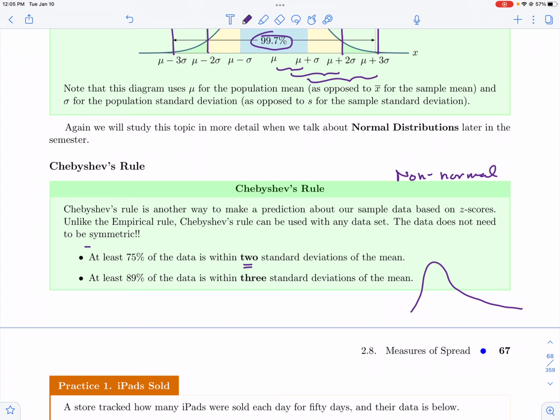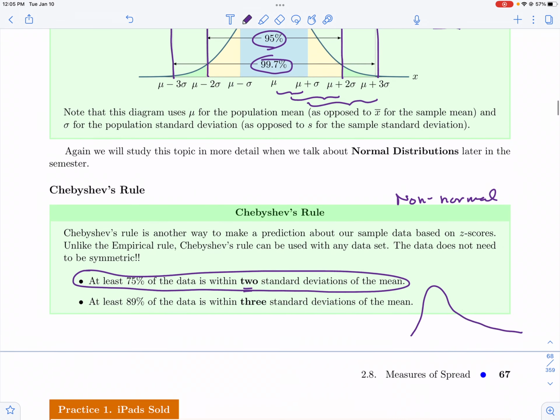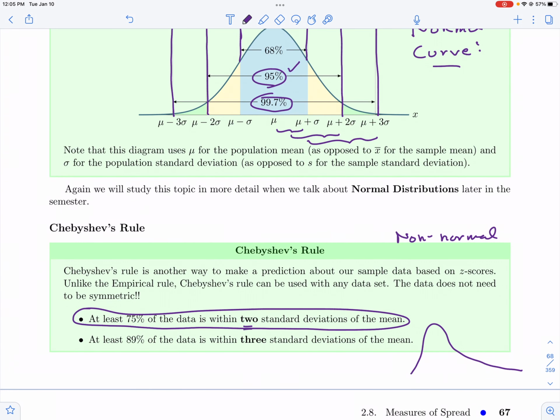Within two standard deviations of the mean, 75% of all the data is going to live there, which is definitely not as strong as our 95% from above. But these shapes are a little strange anyway, so we wouldn't expect as nice a percentage.